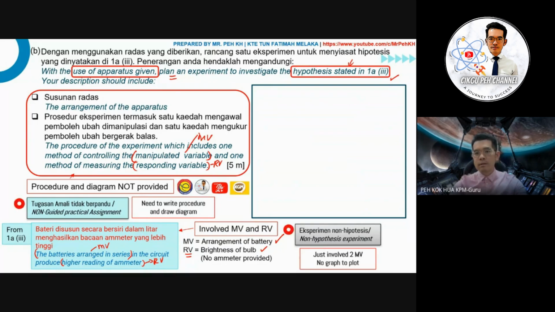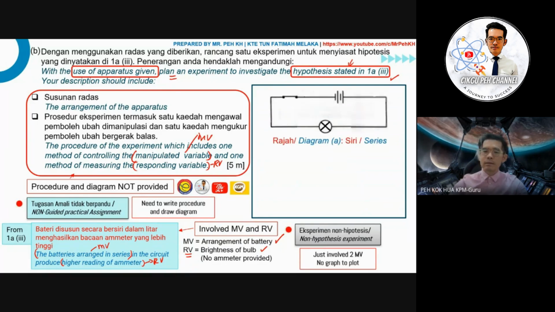Now let's see the diagram together. What you need to draw will be like this. The question gives us the battery and battery holder, and then bulbs together with the switch and also the connecting wire. So in the diagram here, you need to show the type of arrangement.